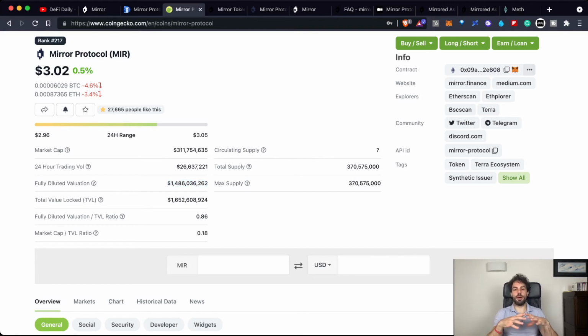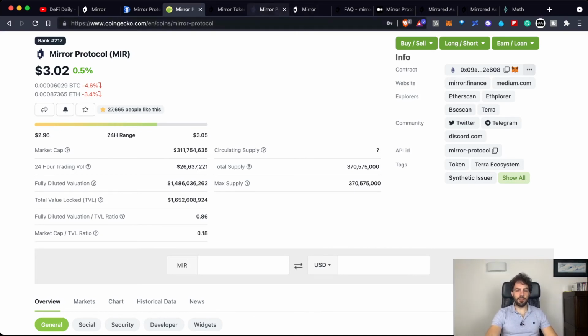So we are talking about a project that has a decent capitalization with a price that is not so undervalued right now. Anyway, as I said, the main factors that will affect the price will be the whole market and what will go on in the Terra ecosystem.